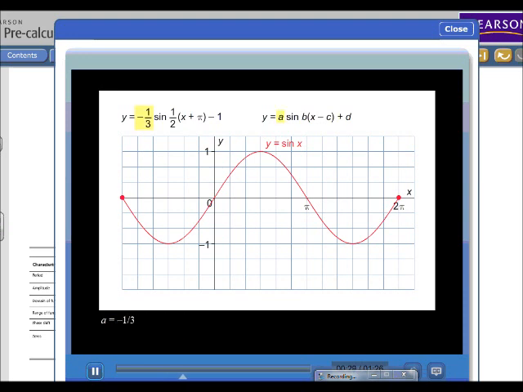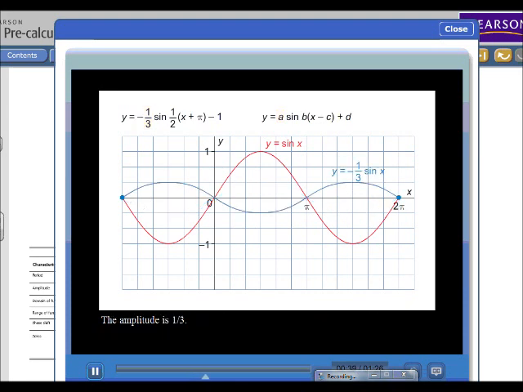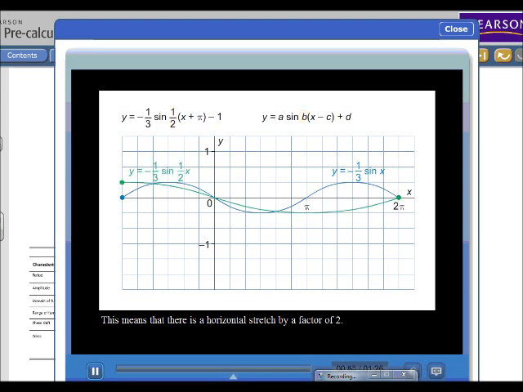A is -1/3. This means that there is a vertical compression by a factor of 1/3 and a reflection in the x-axis. The amplitude is 1/3. B is 1/2. This means that there is a horizontal stretch by a factor of 2.